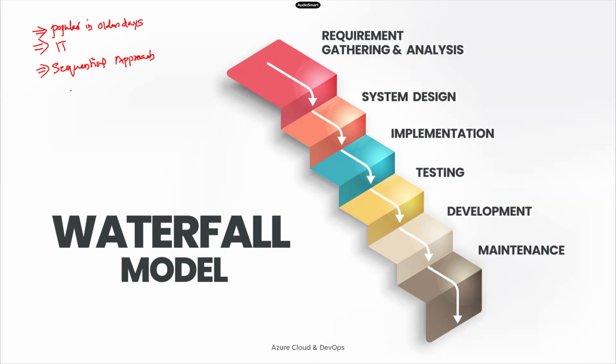So we can use this waterfall model to manage the product, which means project management, and also for software development. So the main takeaways are: it was popular in olden days, it is used in IT, and it follows a sequential approach that is used for project management and software development.